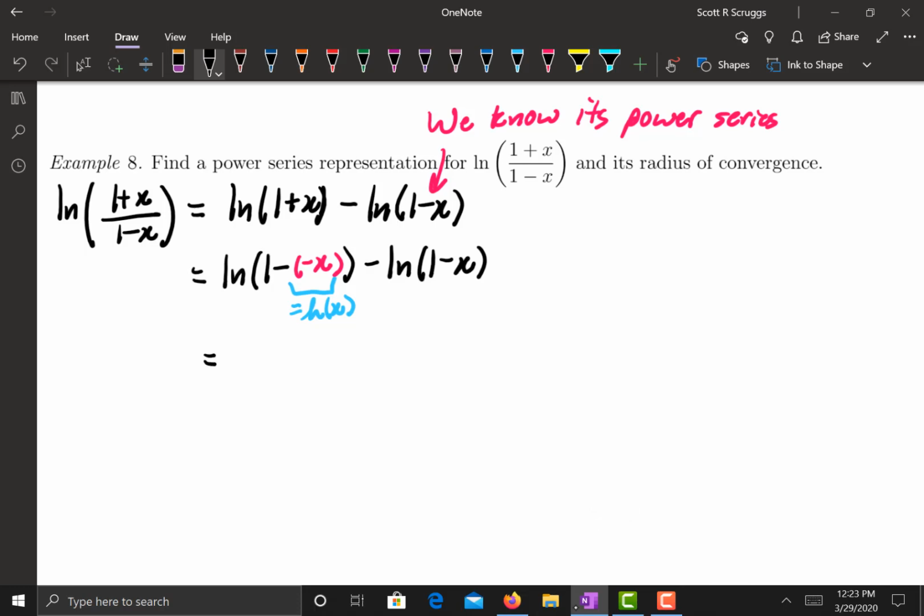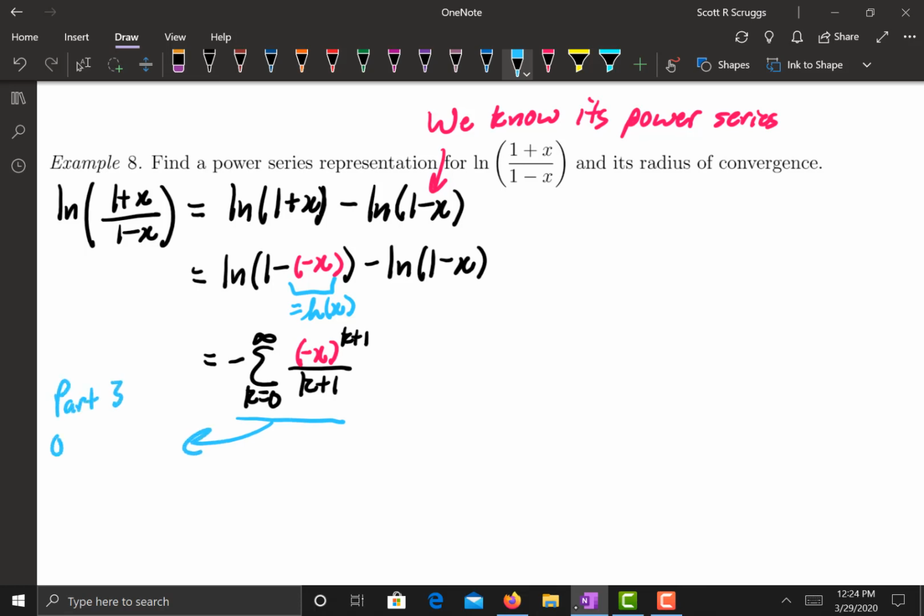Okay, so by using example 7, I'm going to rewrite the first sum as the power series of k plus 1, but instead of x to the k plus 1 power, it'll be negative x to the k plus 1 power. Keep in mind that this comes from part 3 of theorem 2, where h of x is negative x.